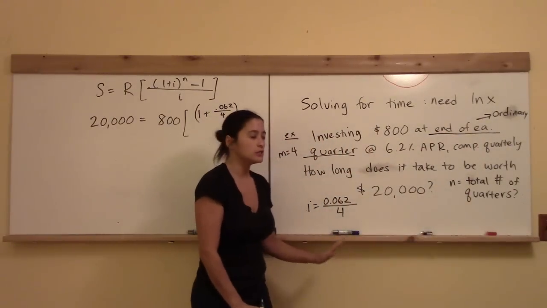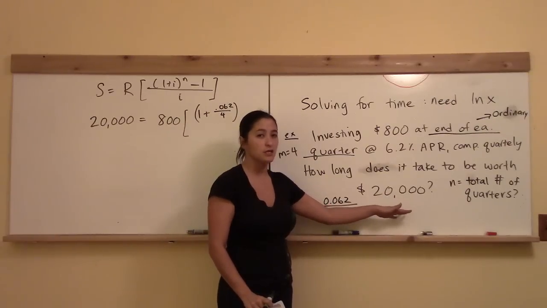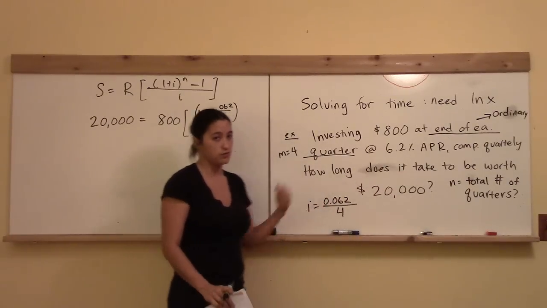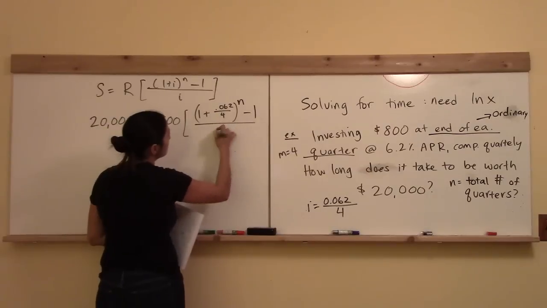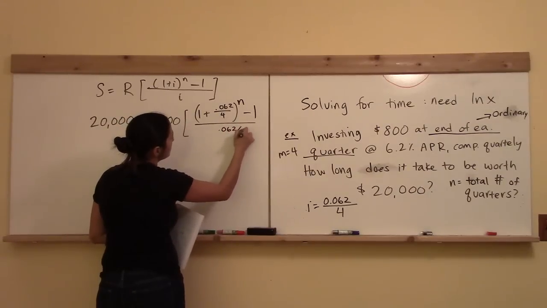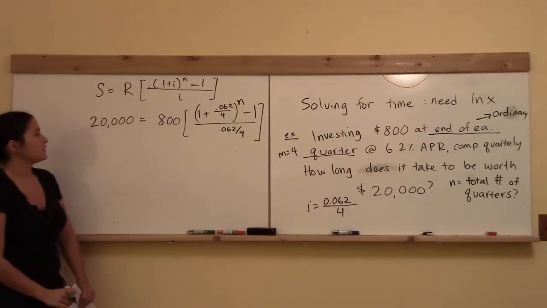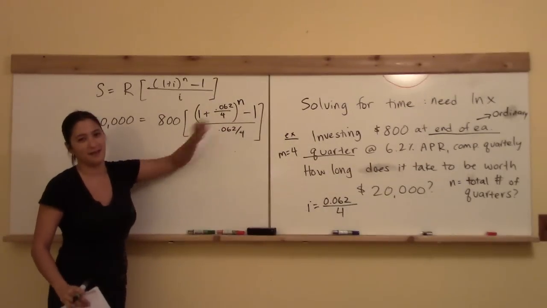Because the question is posed in terms of the time unit of quarters of a year, I will just solve it out for n, the unknown, the total number of quarters of a year. Okay? So that's my unknown. I don't know what that is. Put that right there. Yowza. This is a tricky one. This is a big honking equation right here that needs to be solved out for that unknown n.